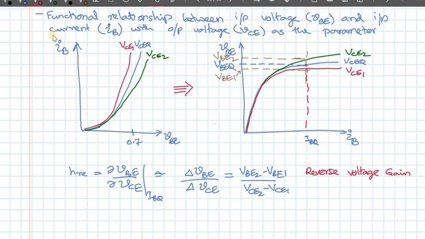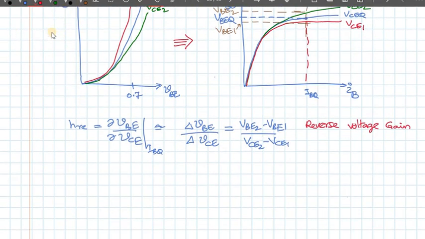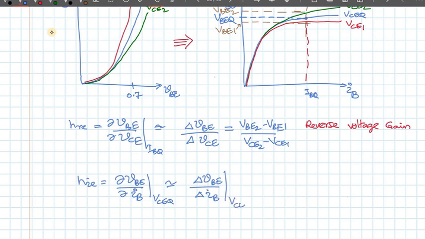Similarly, if you remember from the previous lecture, my HIE is equal to ∂VBE over ∂IB at VCE constant. So this is approximately equal to delta VBE divided by delta IB at constant VCE. That's this.